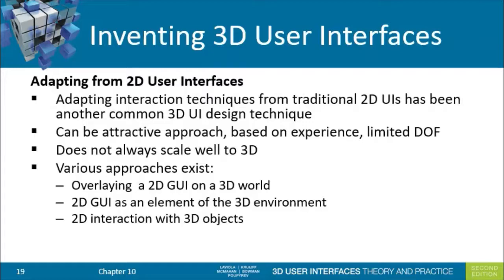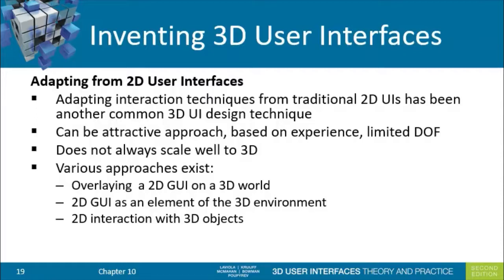Adapting from 2D user interfaces. Adapting interaction techniques from traditional 2D UIs has been another common 3D UI design technique. First, 2D UIs and interaction have been thoroughly studied, and interaction paradigms in 2D interfaces are fully established, which makes it relatively easy for 3D interface designers to find an appropriate interaction technique.